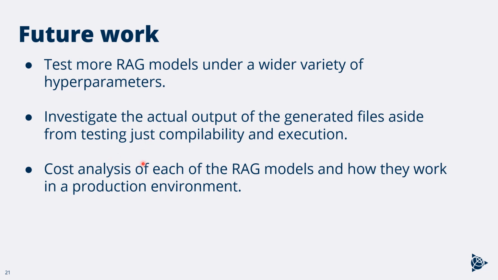A final thing would be a cost analysis of these RAG models, seeing how much they cost and how much they would cost in a more production environment, which would allow us to have a better idea about the feasibility of each of these models.